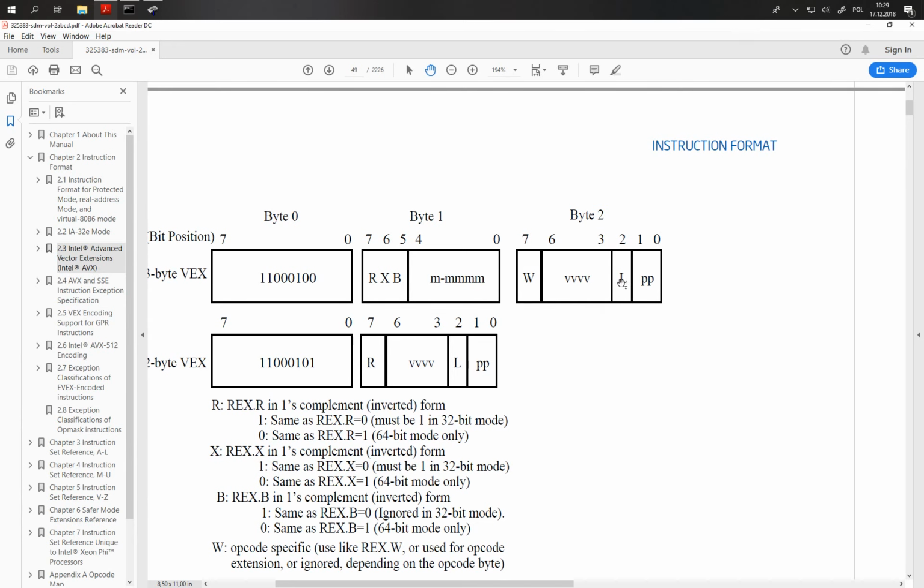One exception is the L bit that has been moved in EVEX.